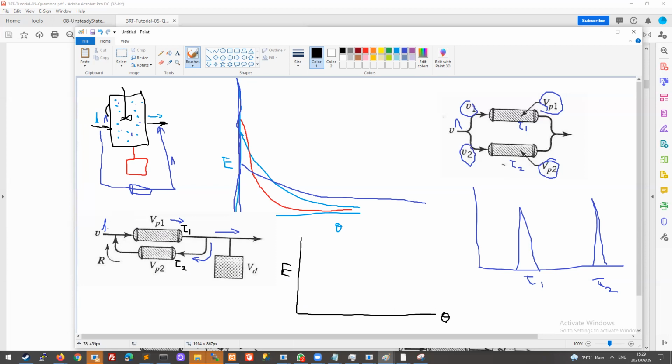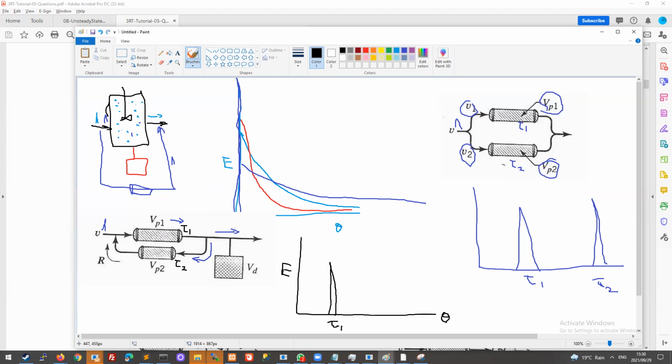So we are spiking in some tracer here, and then it goes through the first reactor. For now, we can ignore what's coming in through here from the lower branch. It passes through this first reactor and is delayed by tau 1. So we expect to see a spike appearing at the exit at tau 1.